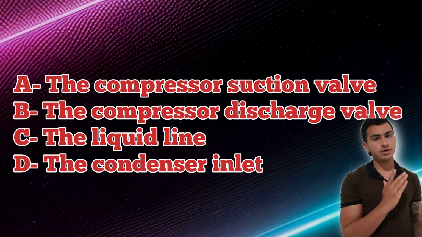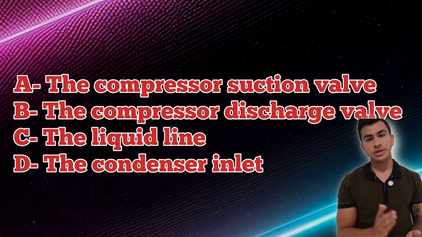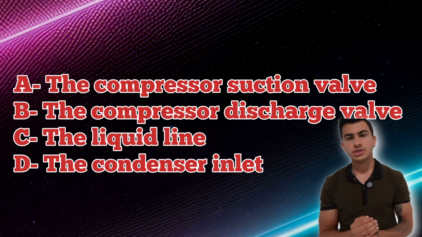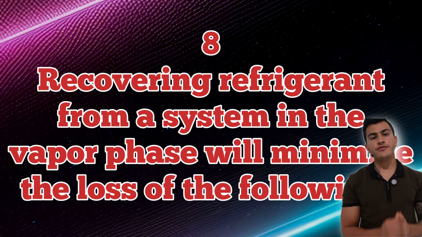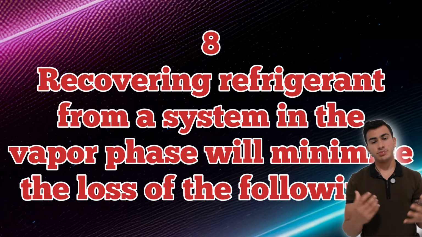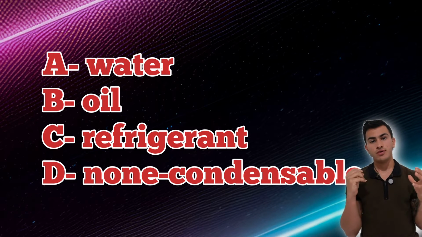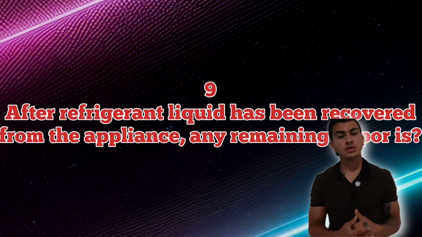If you want to recover liquid refrigerant, you should connect the hose in the liquid line, not the vapor line. It's kind of obvious. Recovering refrigerant in the vapor phase will of course minimize the loss of oil. So B is the answer for number 8.